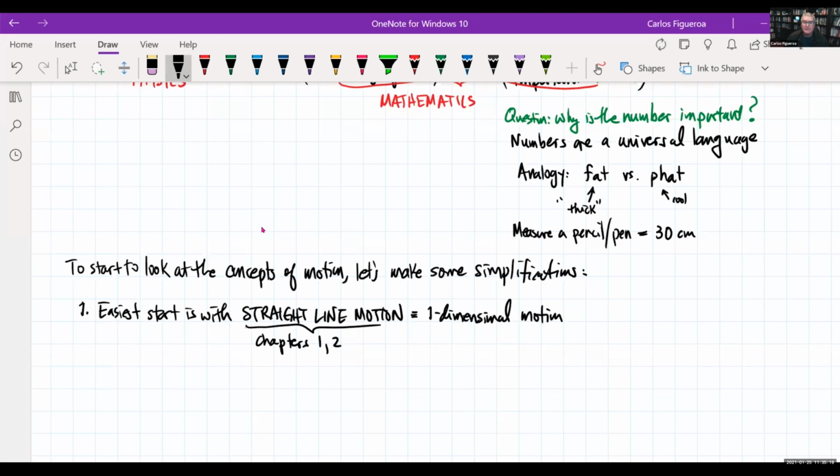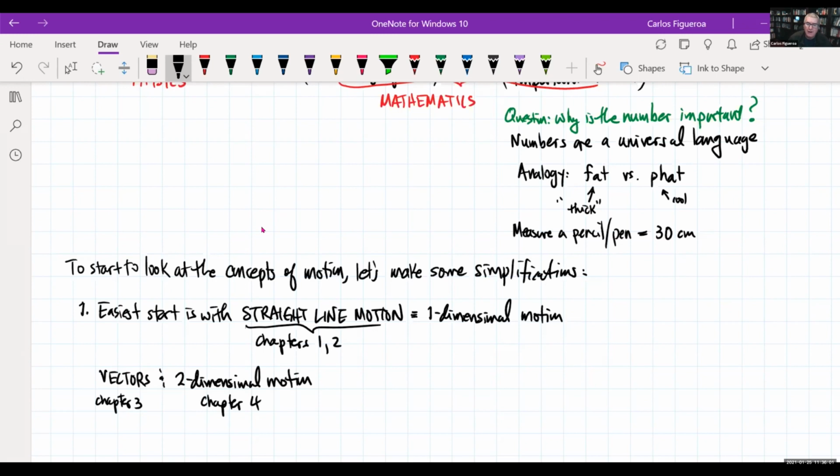Then we're going to move on to 2-dimensional motion, and what we're going to need here is vectors. So now we have to worry about this thing. Vectors is chapter 3, and then chapter 4 is this 2-dimensional motion.